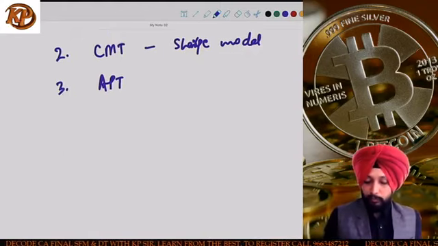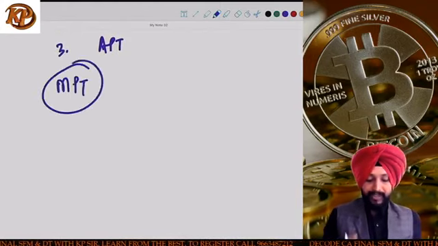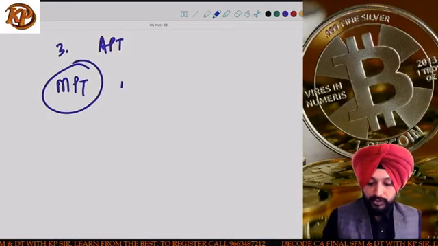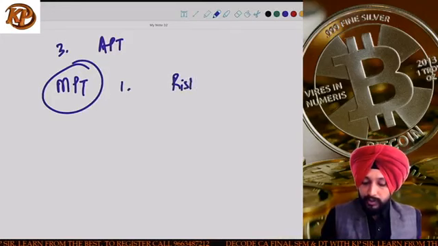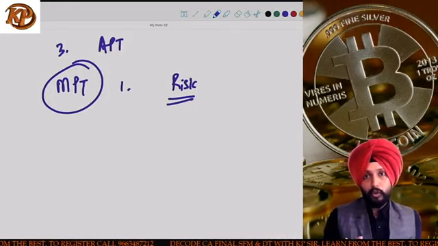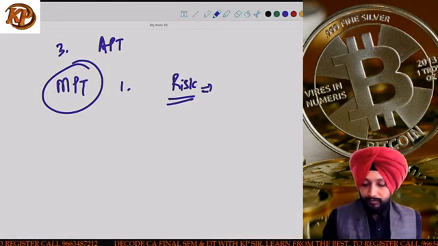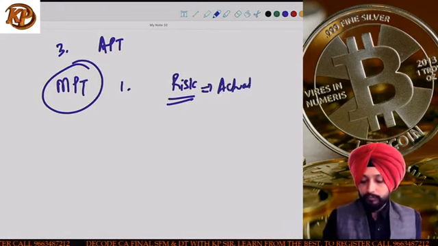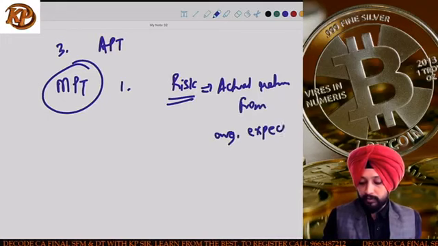Okay, starting with modern portfolio theory, guys, we will start with MPT now first. If you remember the first point of discussion that we did, we first defined what is risk. I've already explained risk so many times, and in derivatives revision of concepts also I explained risk, but I'm telling it in short again. Risk is the deviation of actual return from average expected return.